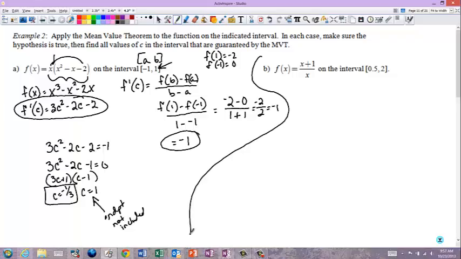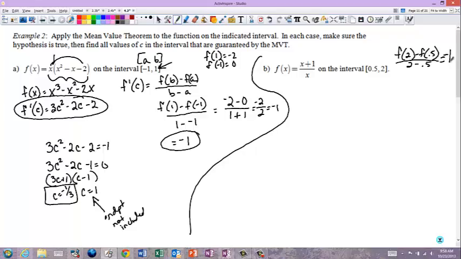This one we're going to do the same thing. f of b, f of 2 minus f of 0.5 over 2 minus 0.5. f of 2, I already figured this out. This whole thing ends up being negative 1, just to save time.